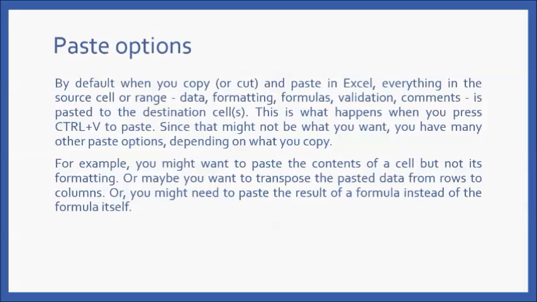Since that might not be what you want, you have many other paste options depending on what you copy. For example, you might want to paste the contents of a cell but not its formatting. Or maybe you want to transpose the pasted data from rows to columns. Or you might need to paste the result of a formula instead of a formula itself.